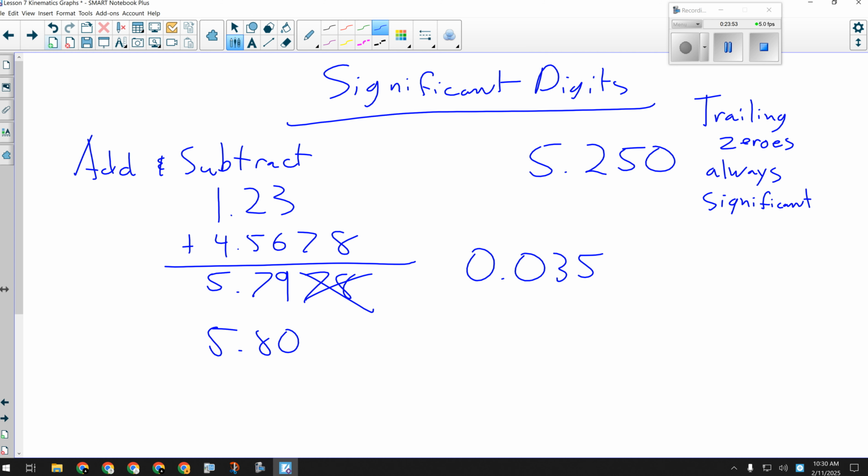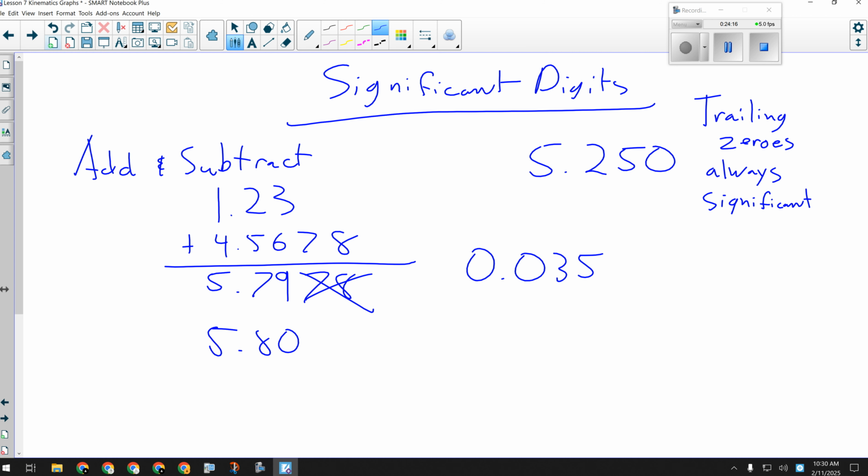How many significant digits does that number have? 2. Okay? Leading zeros are never significant because you can't measure them. The number I have there is smaller than the 2 numbers that are zeros right now. There wasn't anything there for me to measure effectively.